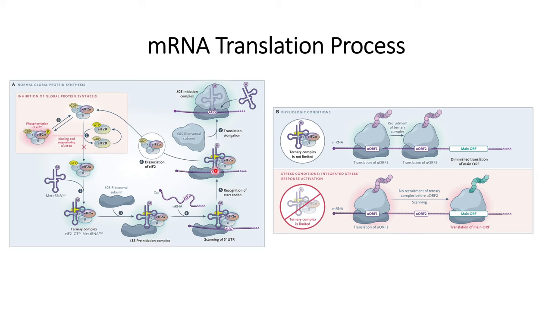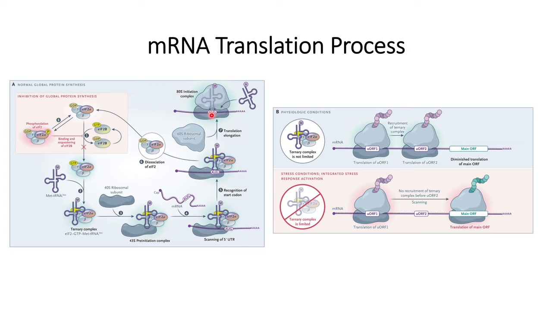The methionine tRNA will bind to the AUG, and with the release of EIF2 alpha, it creates the space for the 60S ribosome subunit to bind to this complex. When both the 60S subunit and 40S subunit bind along with the initiation factors, it is together called the 80S initiation complex.